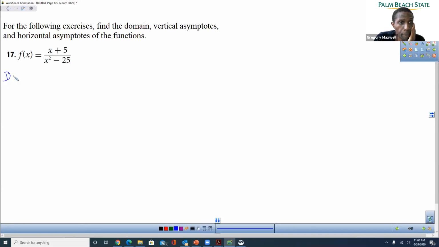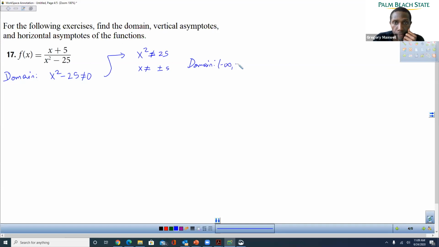For the domain, we set the denominator equal to 0 and solve for x. And then we get x squared equal to 25. So x is equal to positive or negative 5. Therefore, those are not allowed to be x values, because if x is equal to those values, then it doesn't work. So the domain then is everything to the left of negative 5, everything between negative 5 and 5, and everything to the right of 5. That's our domain.